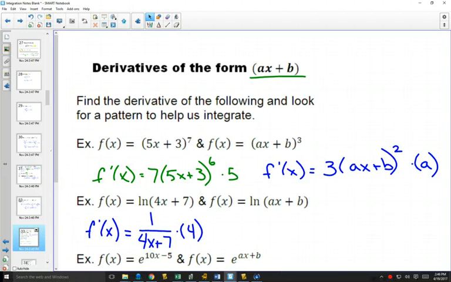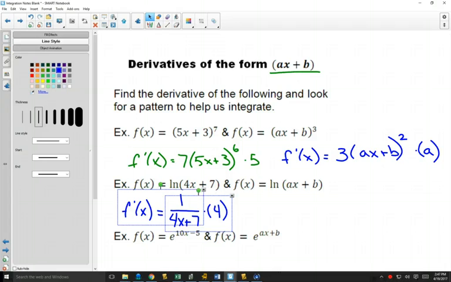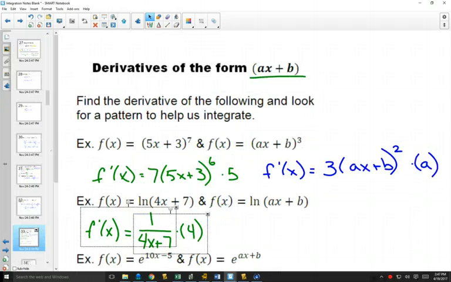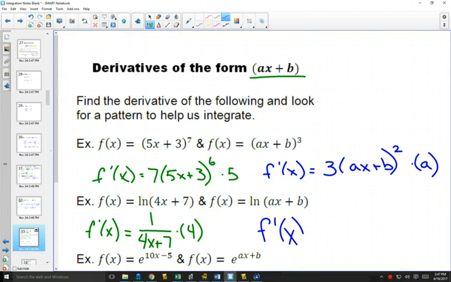Got to maintain my color coding. Nice. That's in green. Now the more specific one, in blue, if we had ax plus b in there, well, the derivative would be 1 over ax plus b, and then a chain rule, you'd multiply by a.